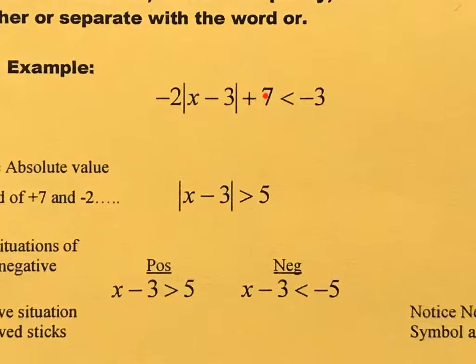It's not by itself. There's a plus 7, there's a minus 2. So obviously in this Algebra 2 problem, you would have to subtract 7, get a negative 10 on this side, rewrite everything else. And then you'd have to get rid of that minus 2 in front by dividing by negative 2 and dividing by negative 2. But see, that's Algebra 2. You guys don't have to freak out about that.